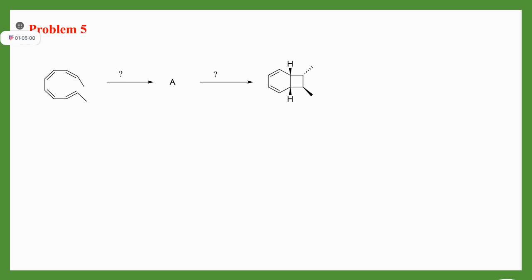So one thing is clear that this new bond has been formed. If you draw its retrosynthesis, I hope you all know retrosynthesis, or I can use a simple term: if you can go backward, this type of system should be there, right?